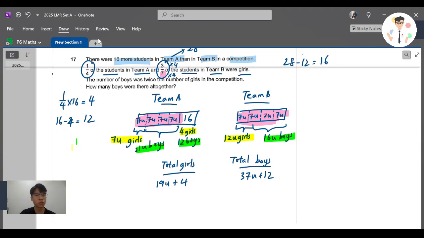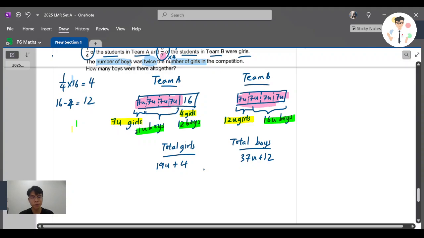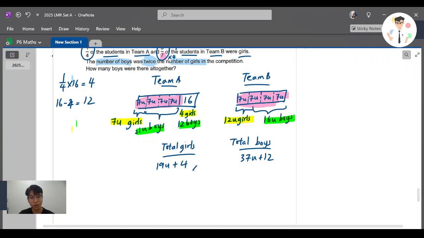And let's continue reading the question. Here says that the number of boys was twice, double the number of girls in the competition. Means that this number is actually double of what we have here. Means what? Means that in order for us to calculate what is that 1 unit, I actually can choose to times 2 here and make it the same.